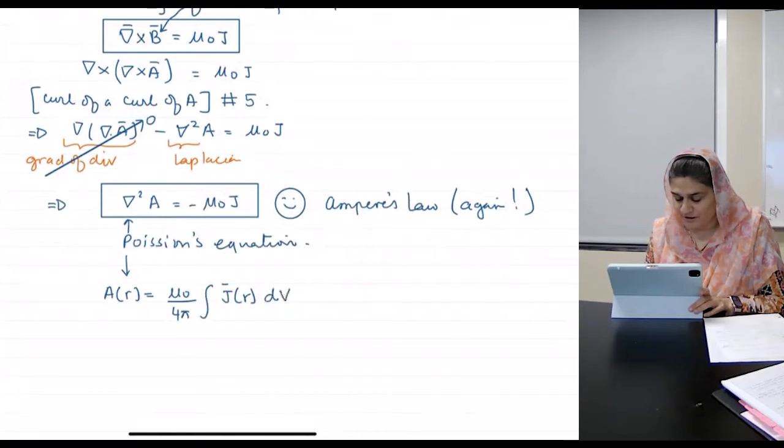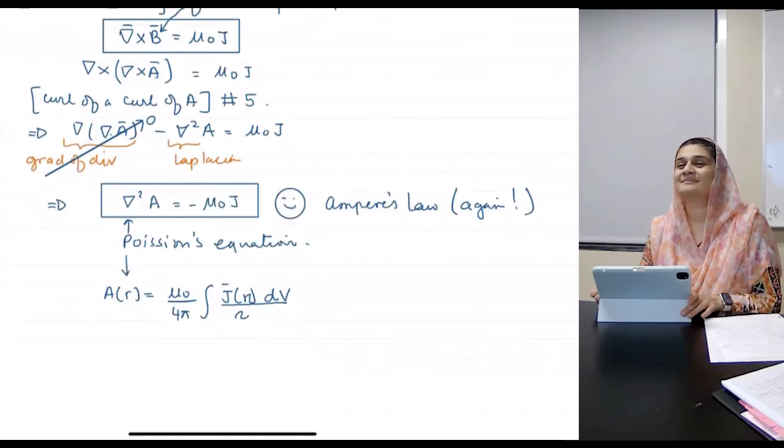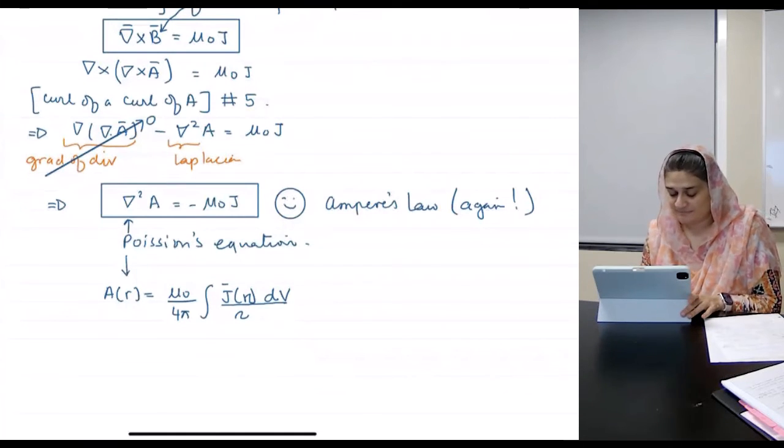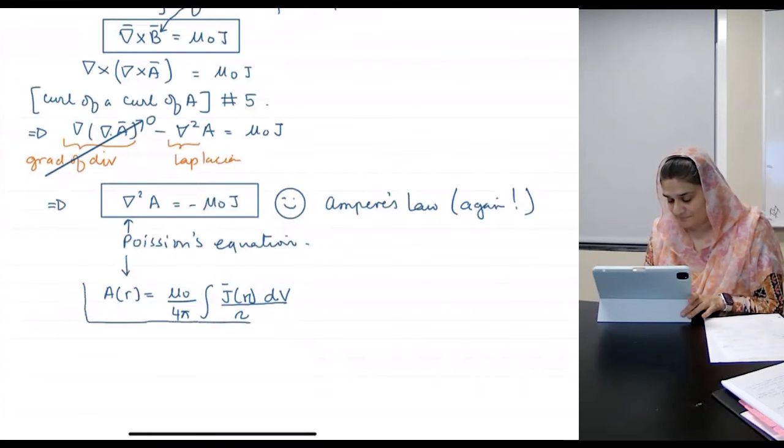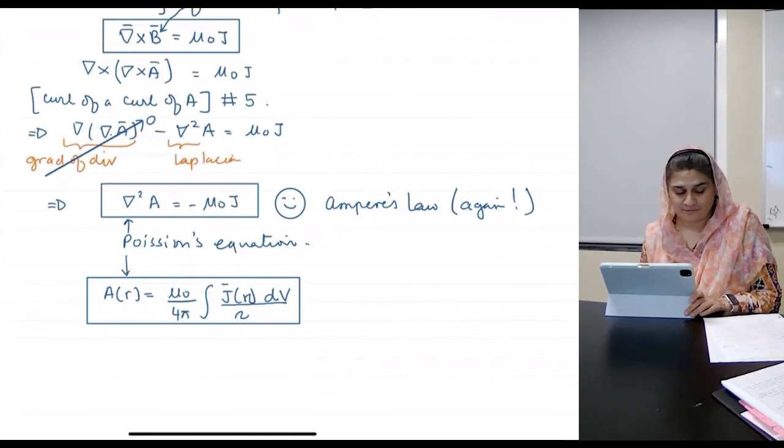The most general form in terms of J's. Volume current densities. So for volume currents.